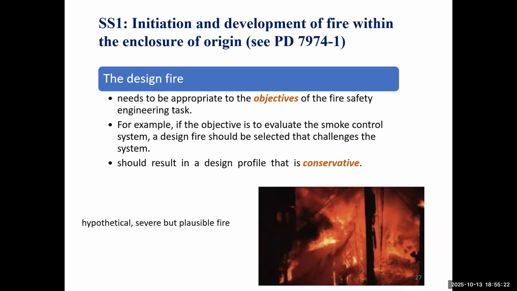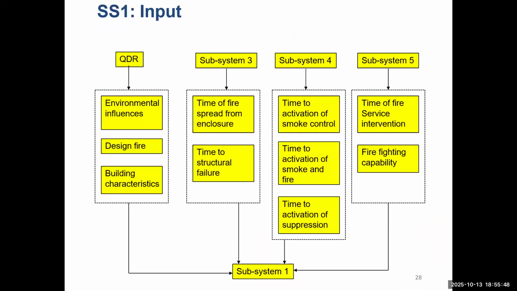So it is a kind of severe, hypothetical fire. But please remember that a design fire is a conservative model. It is unlikely to occur in practice. Real fires are often less severe, so the design fire is a tool for testing our safety systems and their limitations to ensure robustness.